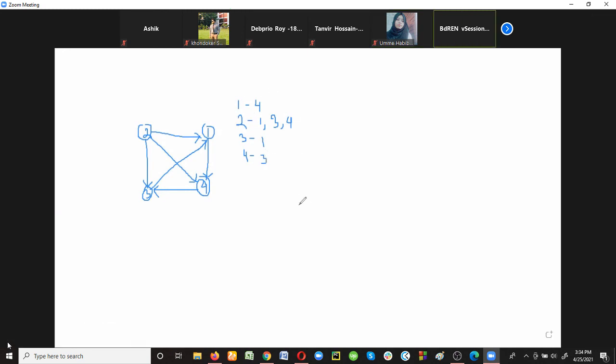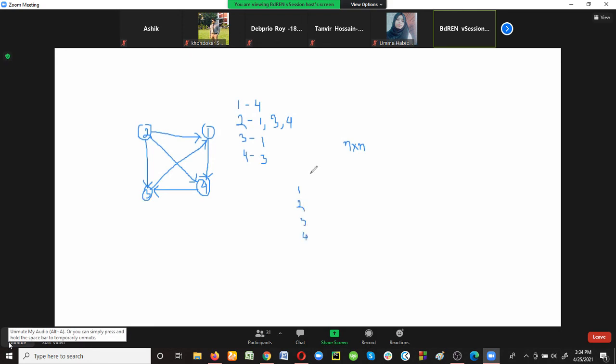Now how to represent this graph as an adjacency matrix? It's an n into n matrix. That is, the number of rows will be 4 and the number of columns is 4. Okay, so here these are the values of the rows and these are the values of the columns.